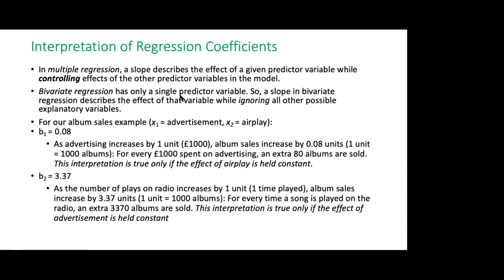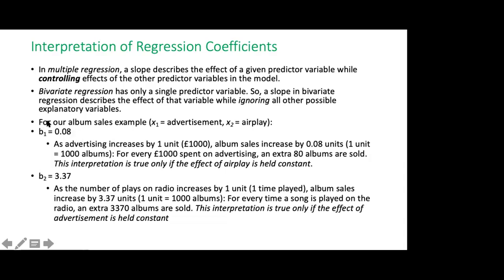Whereas in bivariate regression we ignored all other possible explanatory variables, here we are controlling them. Everything included in the model is controlled, while everything we do not include is ignored.